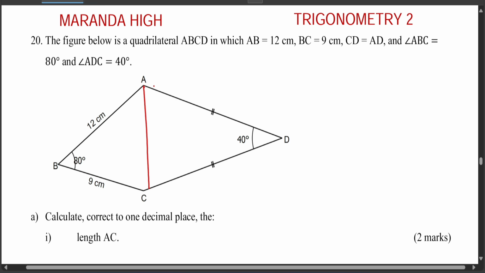So length AC, utatafuta vipi AC? Usually we can use SOHCAHTOA for calculation in the other triangle, but for the first triangle that we've been asked, you can't use SOHCAHTOA. Therefore, you'll either use sine rule or cosine rule.